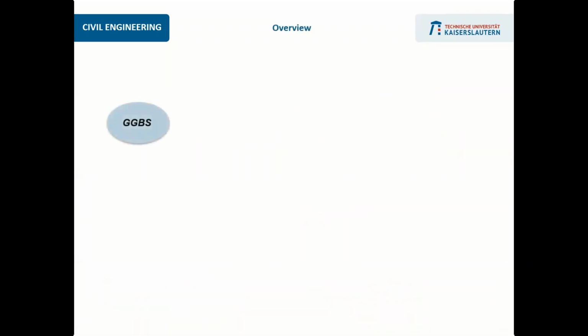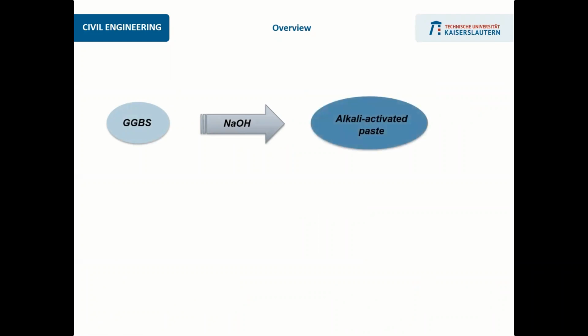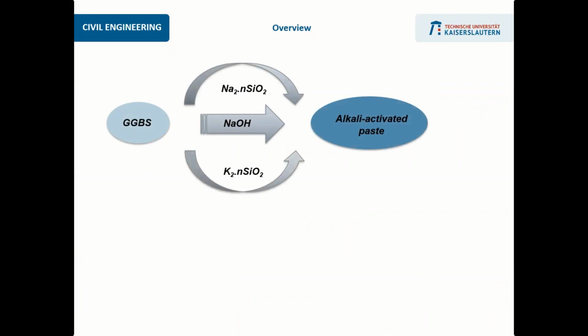In this study, I have used granulated blast furnace slag as a precursor, which was activated by sodium hydroxide in order to provide the alkali activated paste. Additionally, I have used sodium silicate and potassium silicate as other types of activators, as well as water glasses, in order to find an optimized paste mixture to produce the mortar.